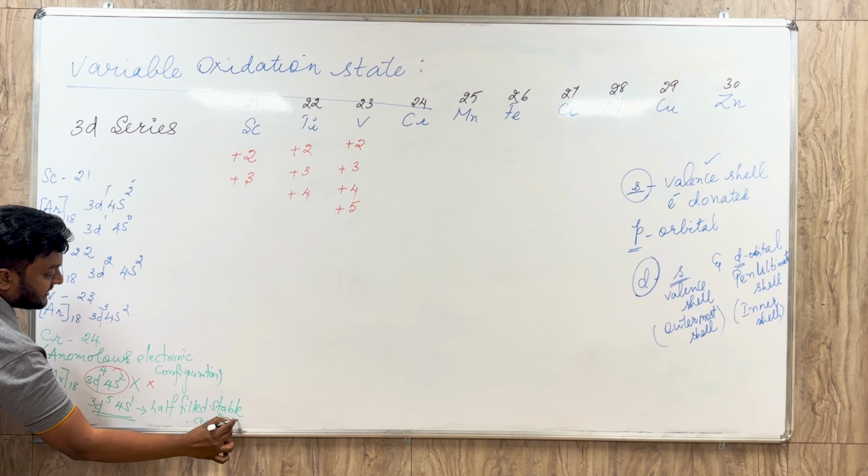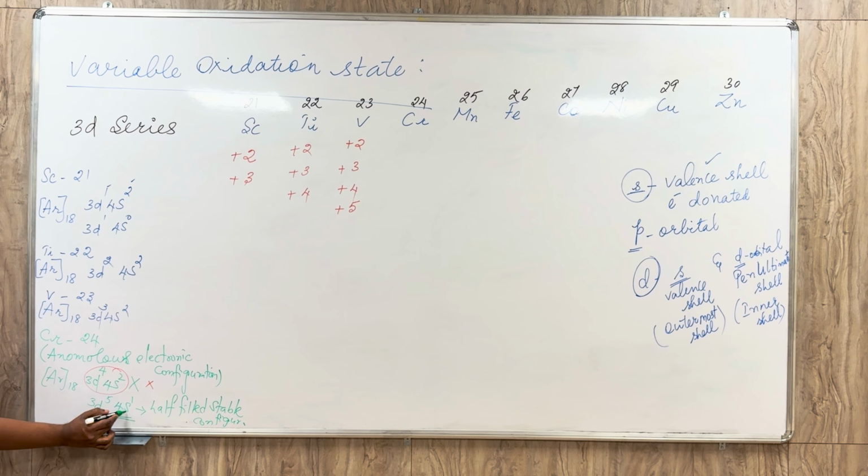For this purpose, an electron from the higher energy level drifts towards the lower energy orbital. So 3d becomes 5 and 4s becomes 1. This is the electronic configuration.